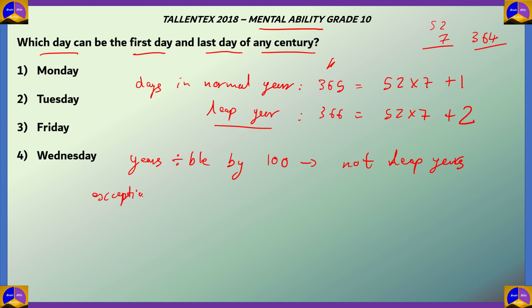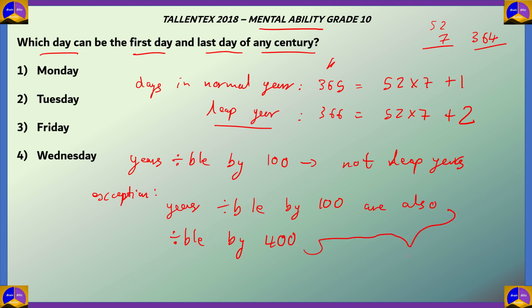The exception is when the years divisible by 100 are also divisible by 400. Now, these years are considered leap years. So in a particular century, we need to find out how many years are leap years and how many years are not.